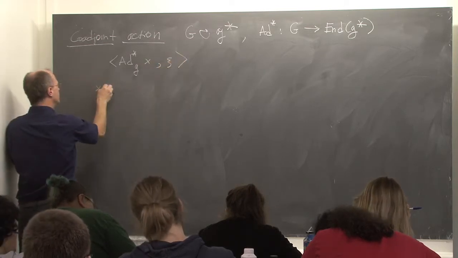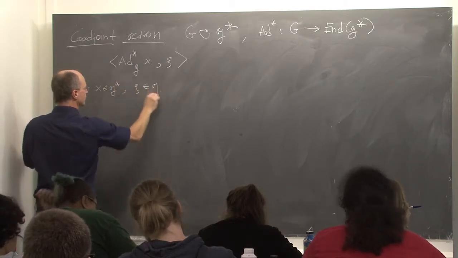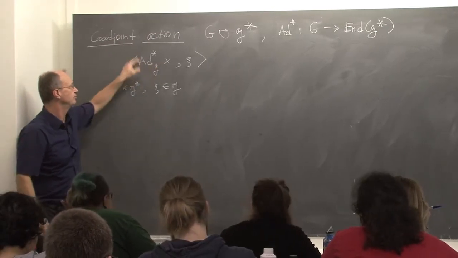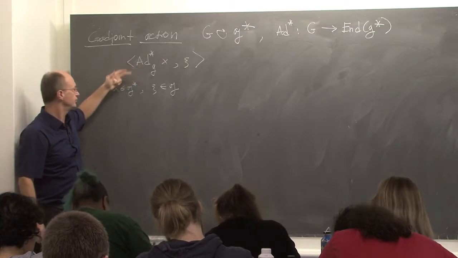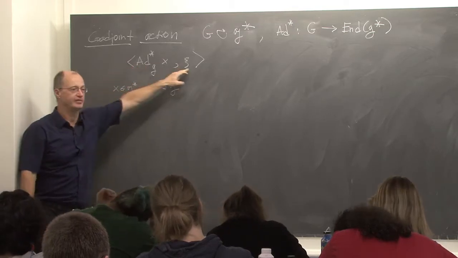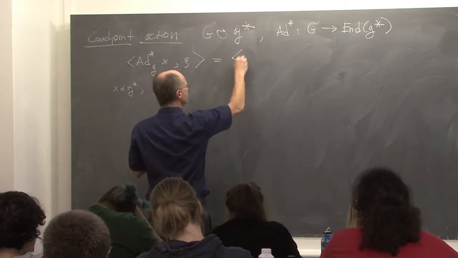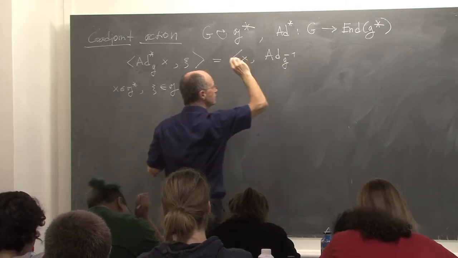So we take an element of G dual, we take an element of G. So we want to figure out what is this thing. So this should be an element of G star. We need to evaluate it on all possible elements of G, and we simply declare that this is X adjoint G. And here, how is it?